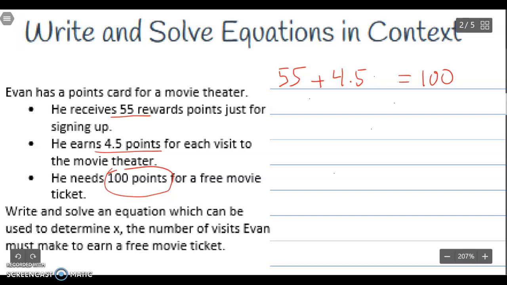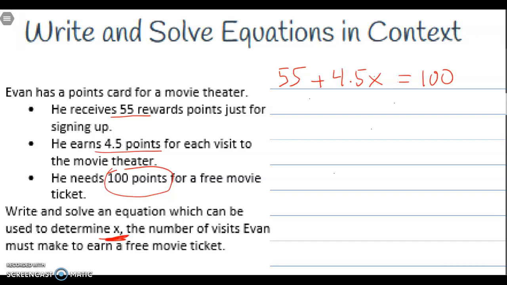But we don't know how many visits, and every visit will be times the 4.5 points. If it's one visit, it's 1 times 4.5. If it's two visits, it's 2 times 4.5. We don't know how many visits, so that's why we use x, because it's unknown. Now we have our variable and our two-step equation we can solve.